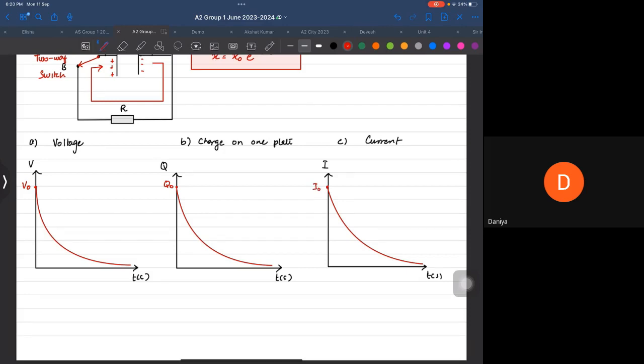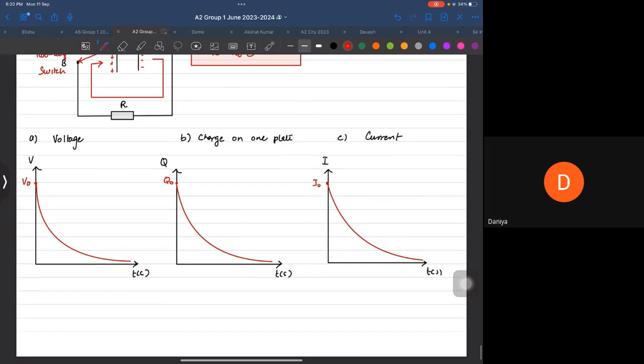Now, whenever they're going to ask you about these, what you guys need to remember is, first of all, their formulas. The formulas used would be V equals V naught e to the minus t over RC, Q equals Q naught e to the minus t over RC, and I equals I naught e to the minus t over RC. Is it clear, everyone?